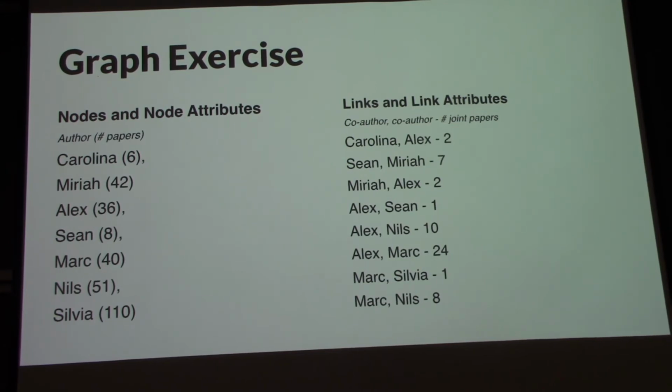So what you're supposed to be doing here is take a look at this data set. This is a co-author graph where we give you a couple of people and how many papers they co-authored. And you should come up with 2 different designs for representing this data. I'll give you 10 minutes in a group, and I also have scratch paper at the desk in front.